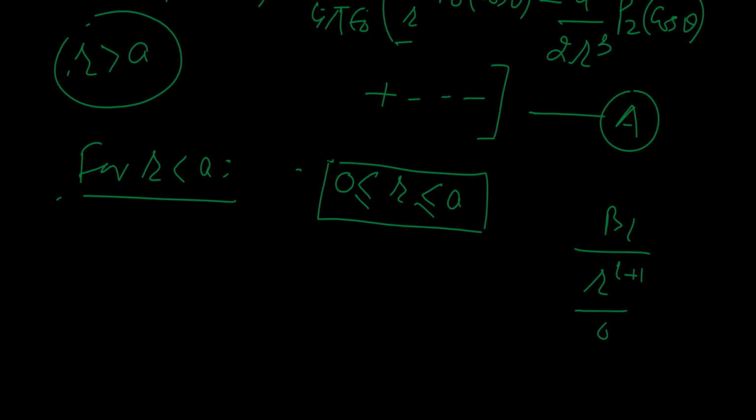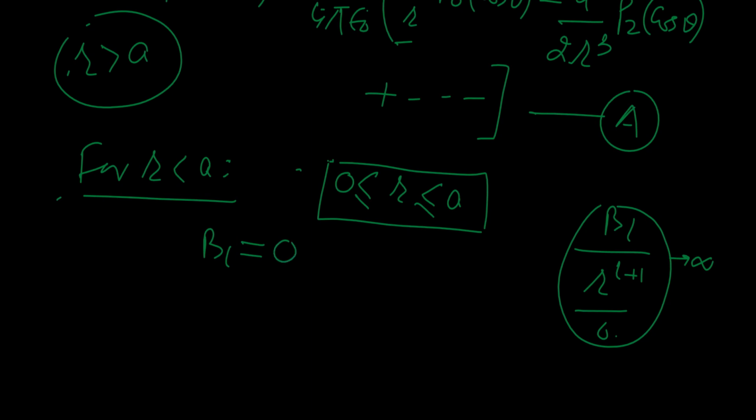The result will be infinity, that is, potential will become infinite. So this term must not be contained in our solution. And from this we can say, in case of r less than a, BL must be equal to 0.